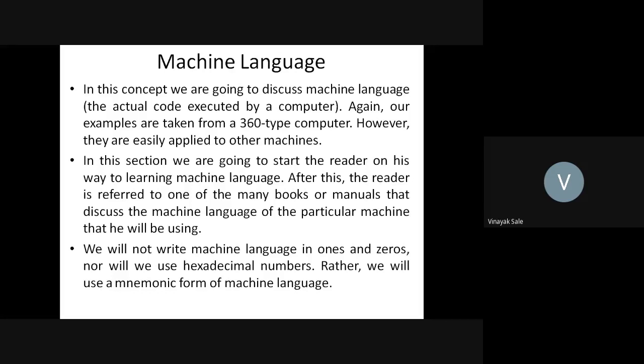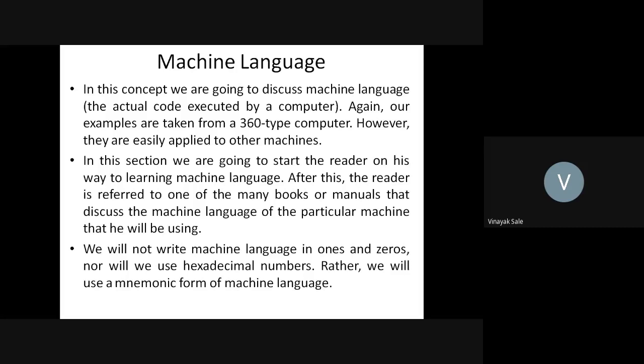Then machine language. In this concept we are going to discuss machine language, the actual code executed by the computer. Again, we are going to discuss it from the example we have taken, that is an IBM 360 type computer.